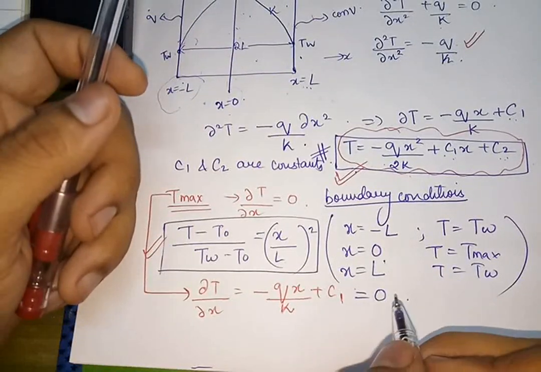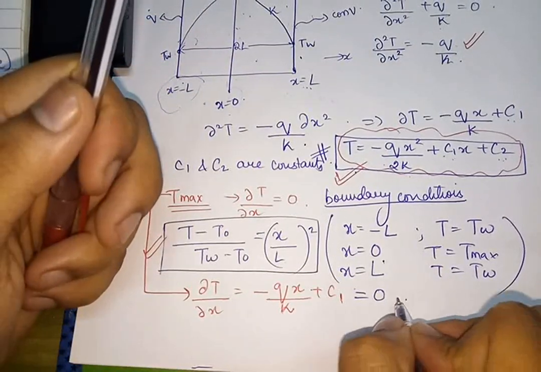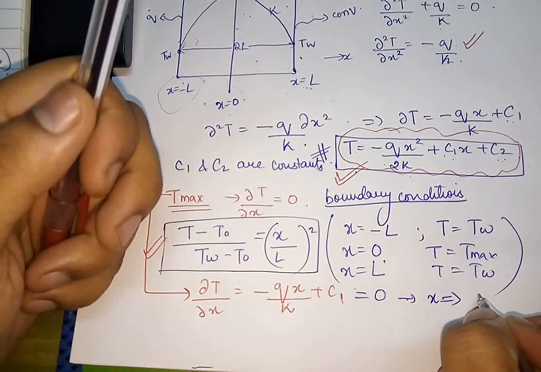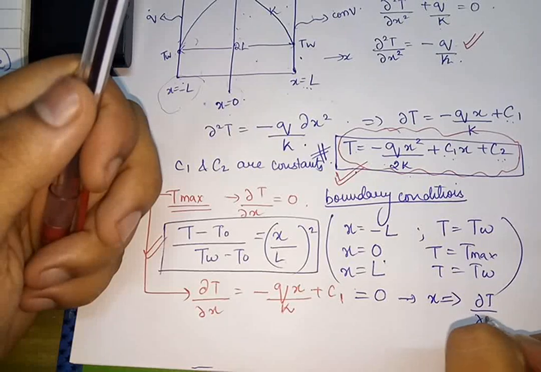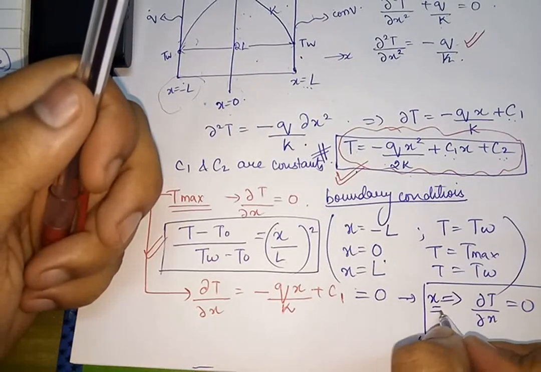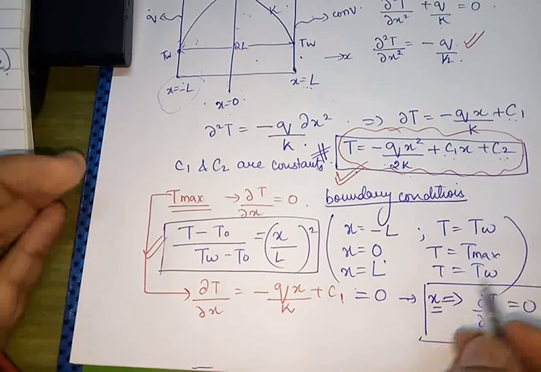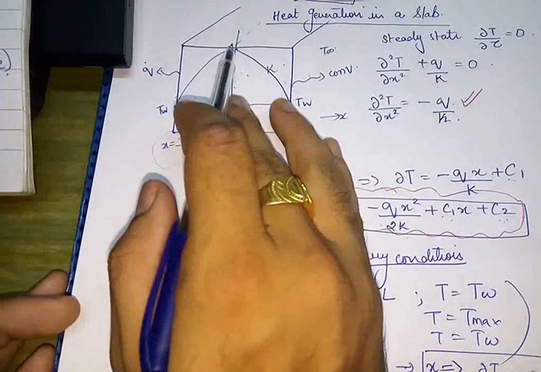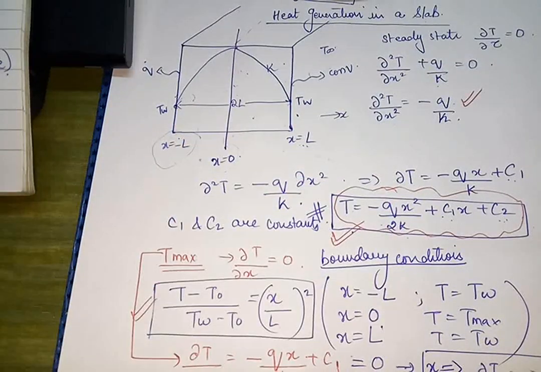From here we will find the value of X corresponding to which del T upon del X is 0. That value of X will be the location at which the temperature becomes maximum in the profile.